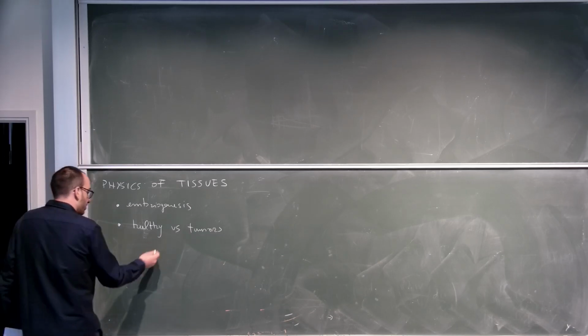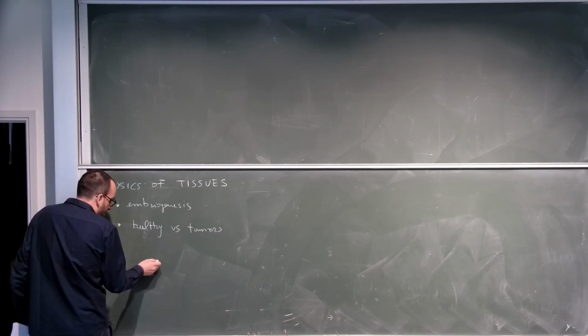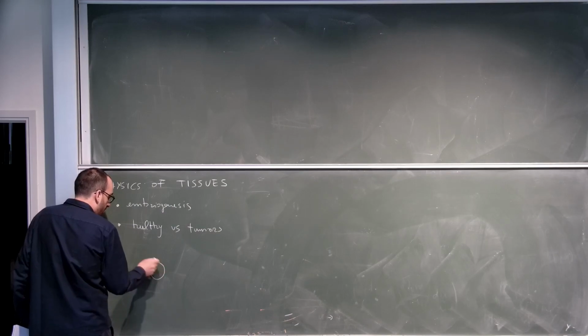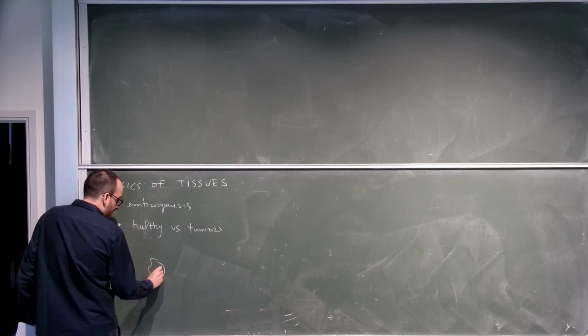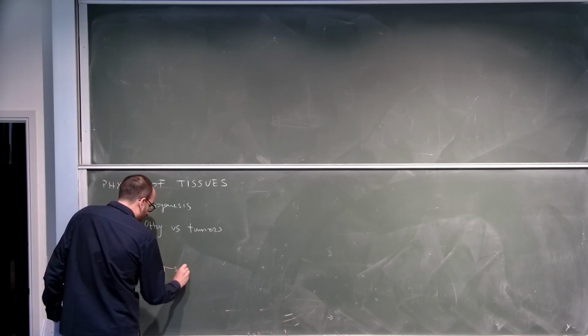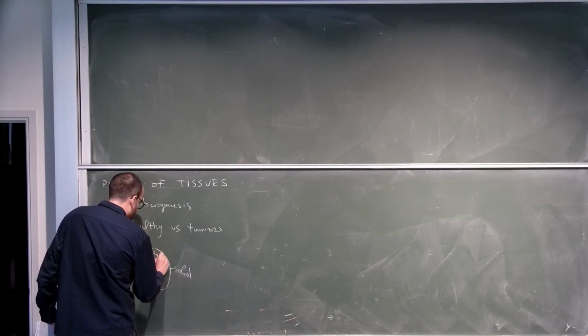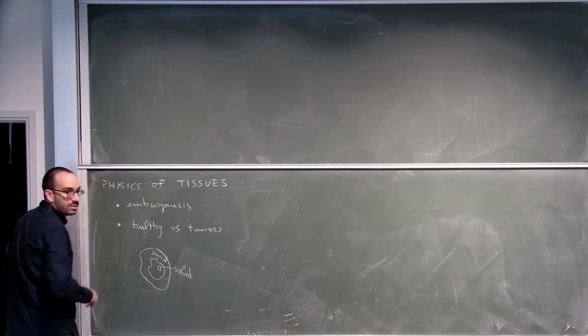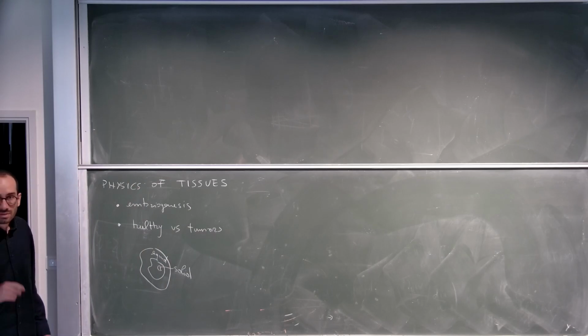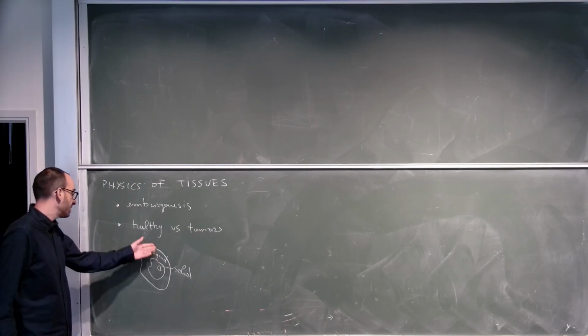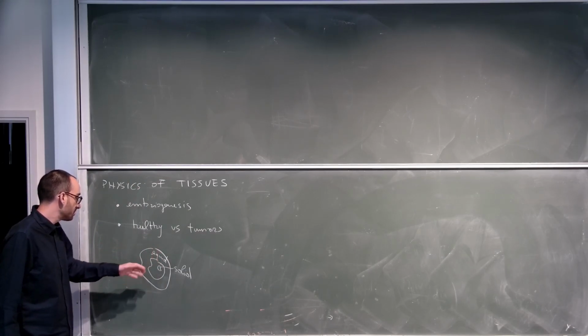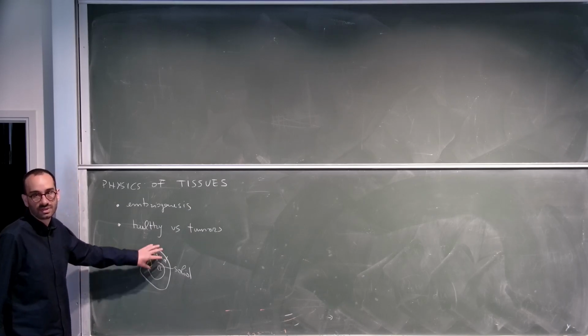In particular, people know that if you take tumors, you have some kind of core-periphery structure in which the core is more solid-like and the periphery is more liquid-like. And it's from there that you have metastatic formation. So what people want to understand is how you can control the physical properties of this kind of systems.